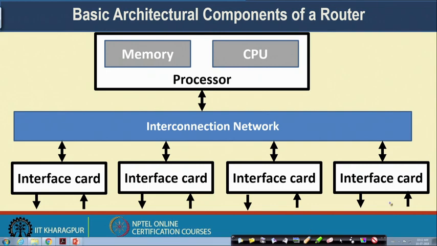Every individual interface card is a network I/O interface. You put the RJ45 cable in this interface card. In case of wireless, they are transmitted wirelessly, so you have a transmitter and a receiver. That is the entire broad architectural component of a router.